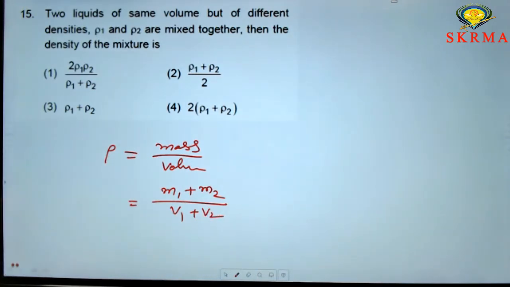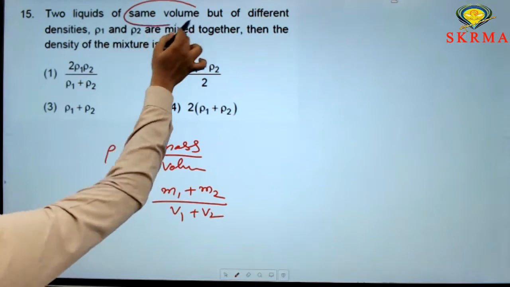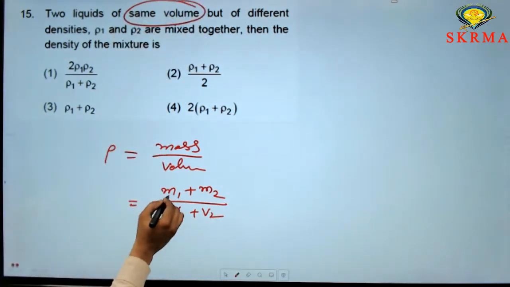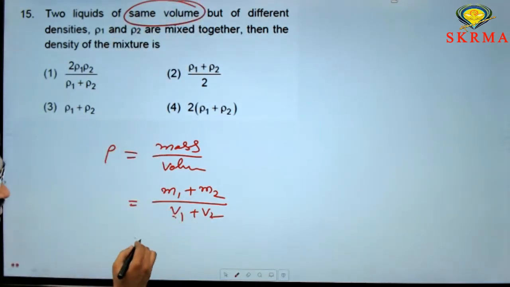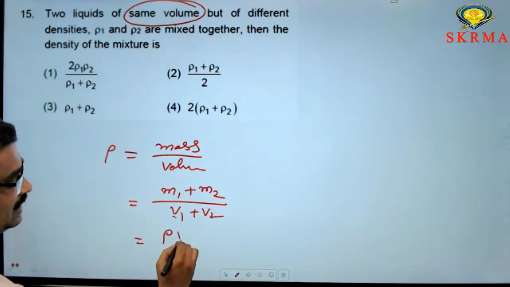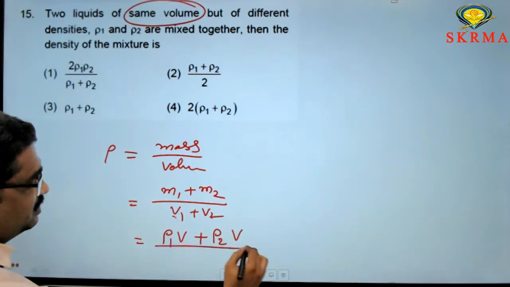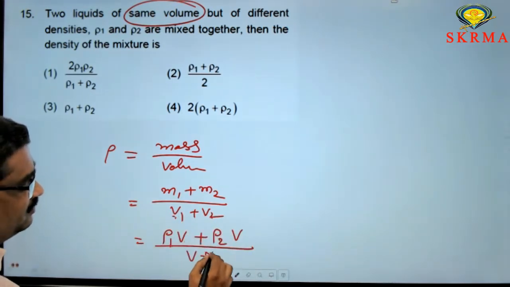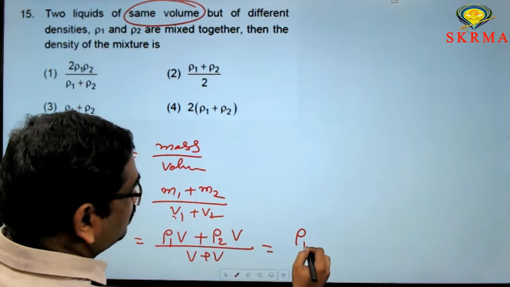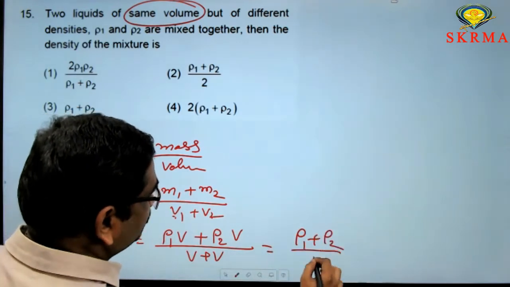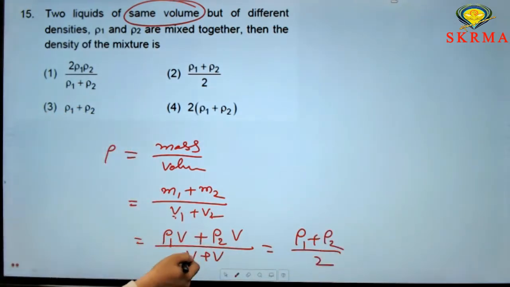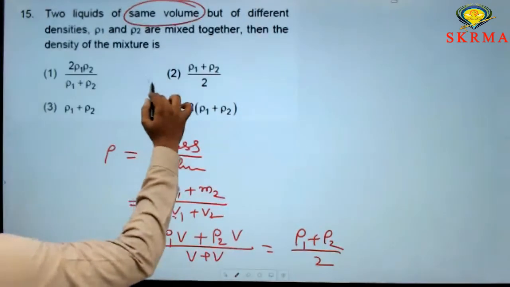Here the volumes are the same, so v1 equals v2. Mass can be written as density into volume: rho 1 into v plus rho 2 into v, by v plus v. Take v as common and cancel, then you will get rho 1 plus rho 2 by 2. Second option.